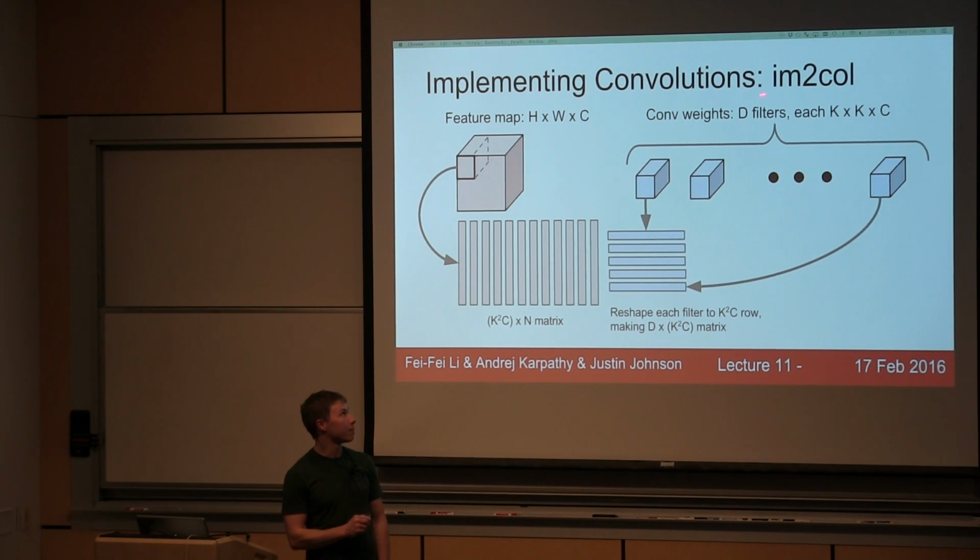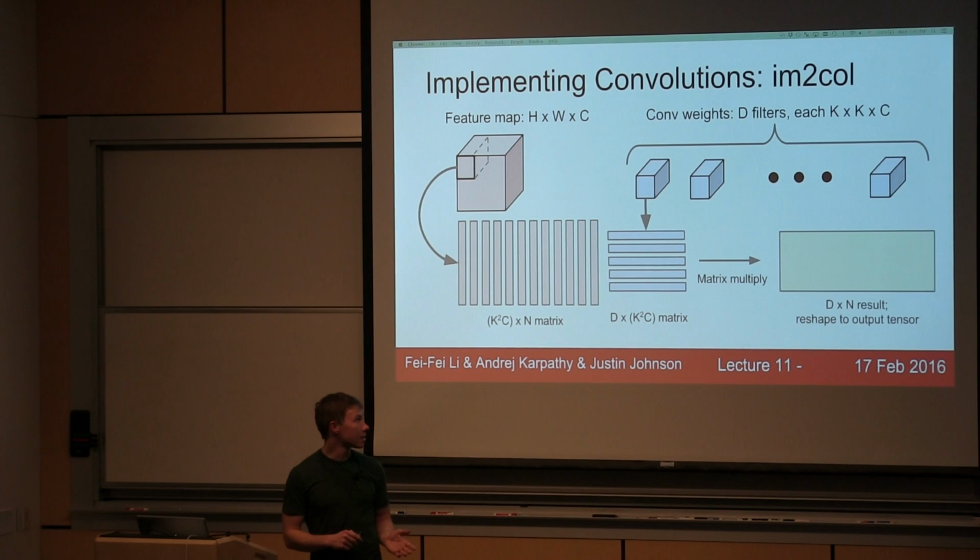And now we have d filters, so we get a d by k squared by c matrix. So now this is great. Now each column of this one is a receptive field, and we have one column per receptive field in the image. And now in this matrix each row is a different weight. So now we can easily compute all of these inner products all at once with this single matrix multiply.